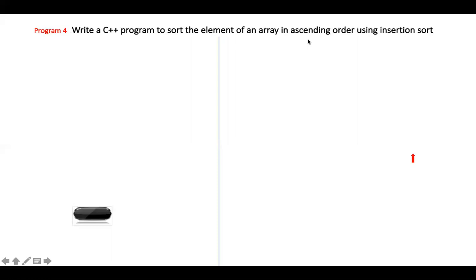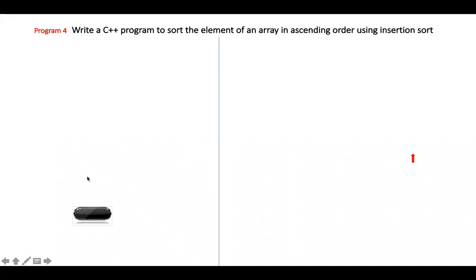Amira? Small to big. Yes, good, correct. Who told? Me, sir. Kafil. Okay. Correct. Ascending order simply means arrangement of elements from smaller to bigger.